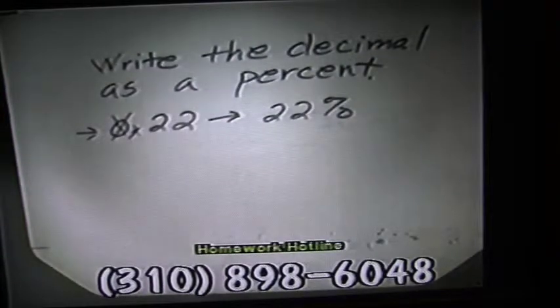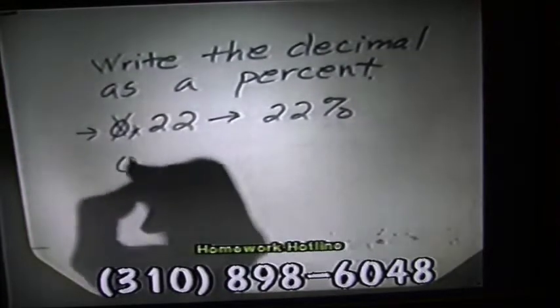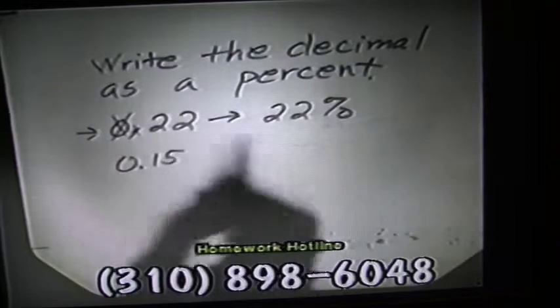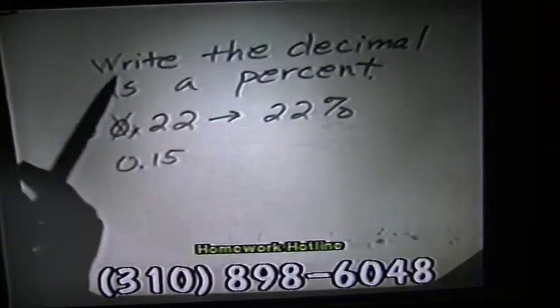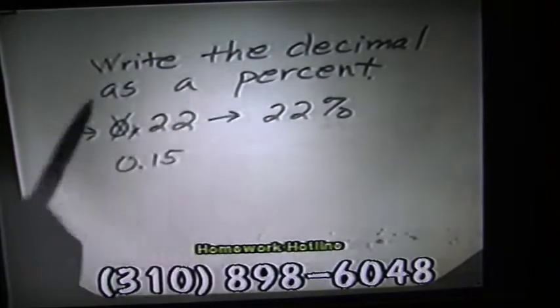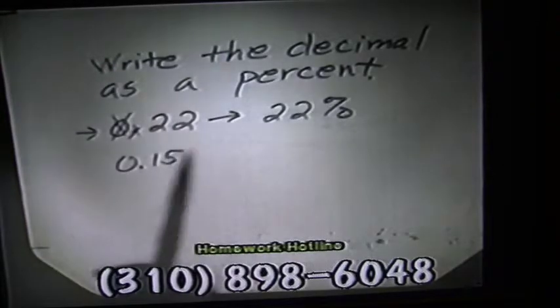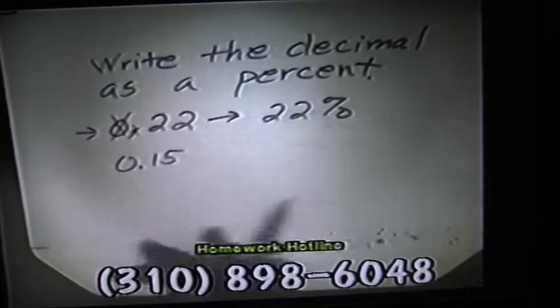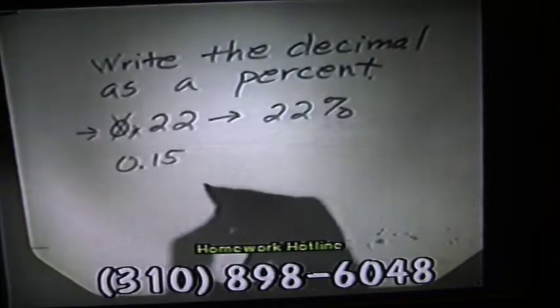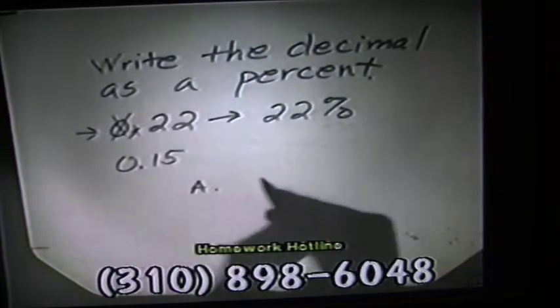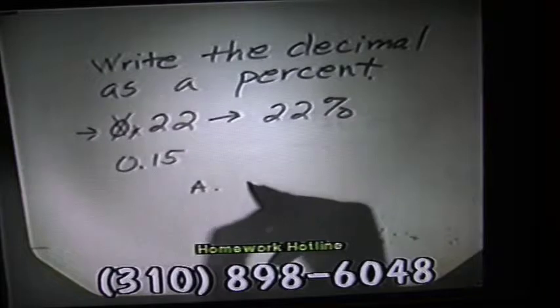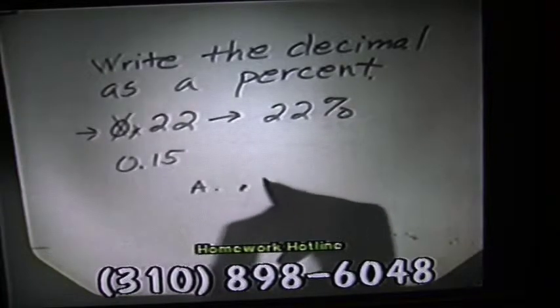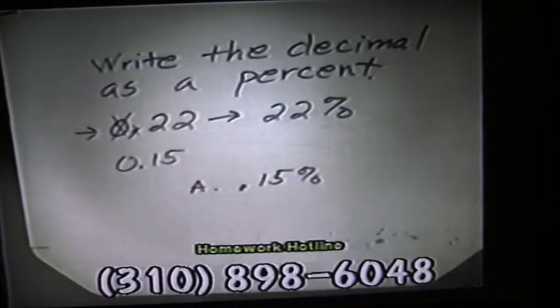Let's do another one. 0.15. And you're asked the question, write the decimal as a percent. Now, let's pretend this was a test question and you had answer A to choose from, and they gave you 0.15%.